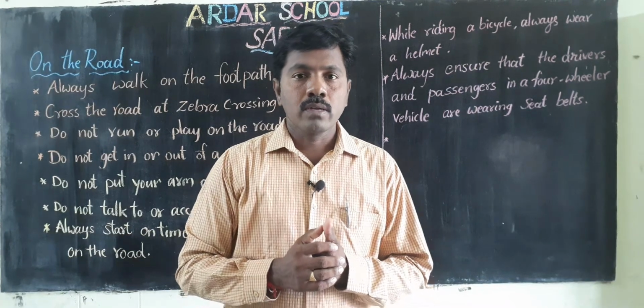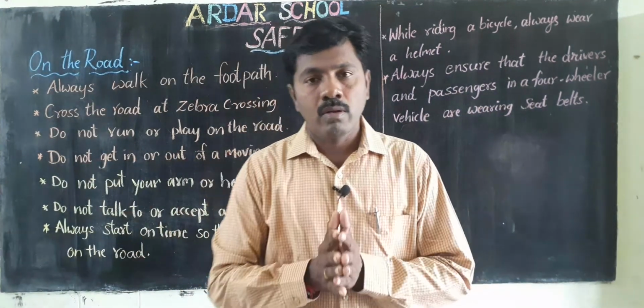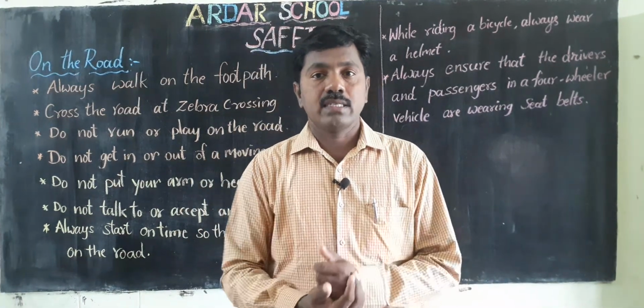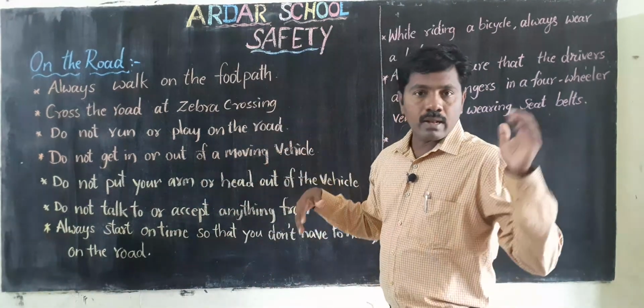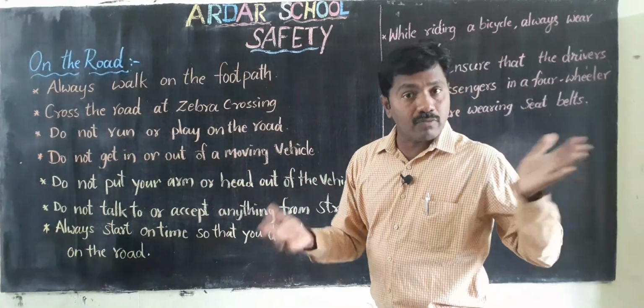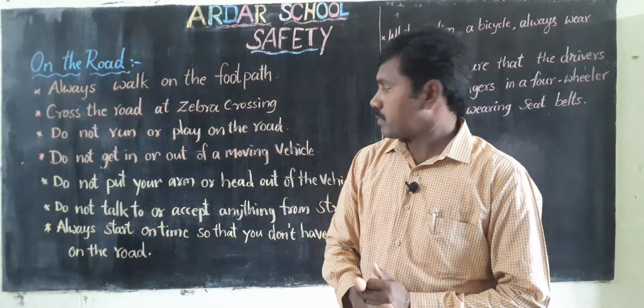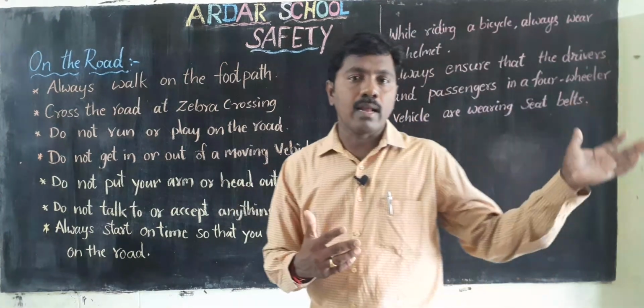Why? Because if you don't observe both sides, we may have an accident. So that's why we must observe the right and the left side, and then we can cross the road.